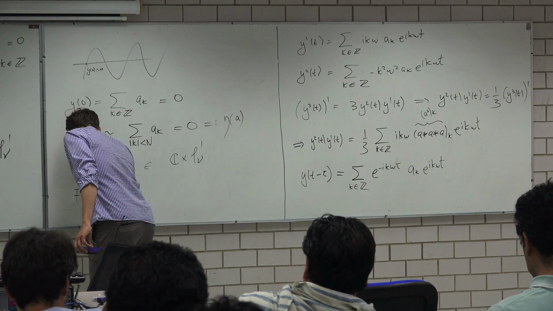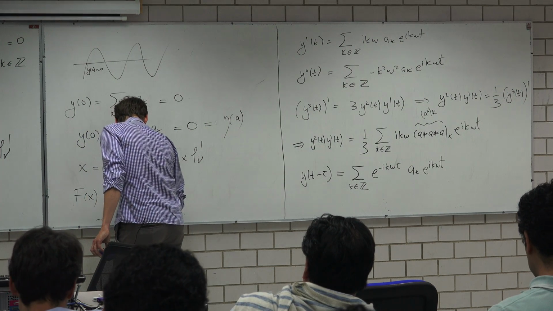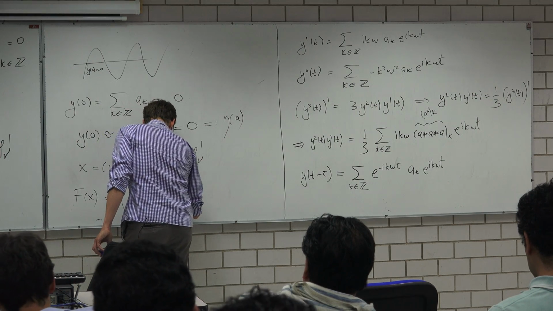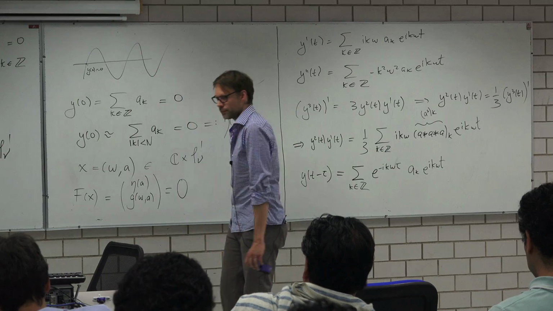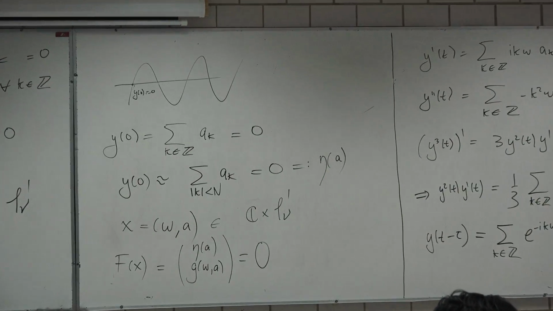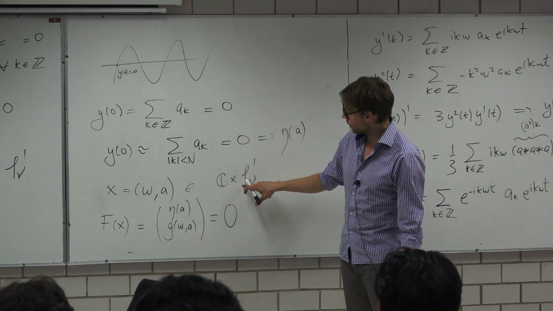I'm going to look for zeros of capital F of x, which is eta of a and g of omega, a, equal to 0. That's, again, my map that I'm now going to solve, and it's posed on an infinite dimensional Banach space, the cross product.